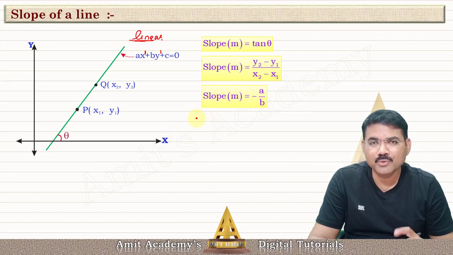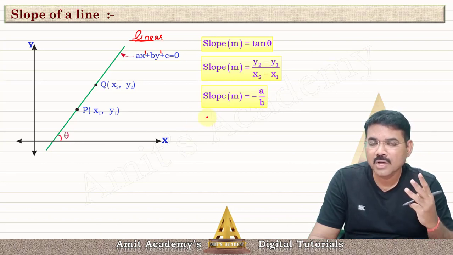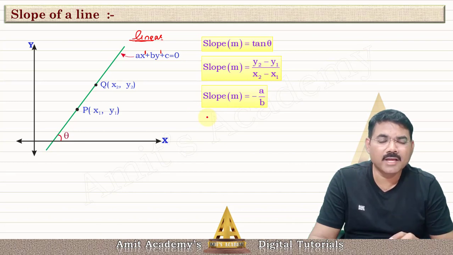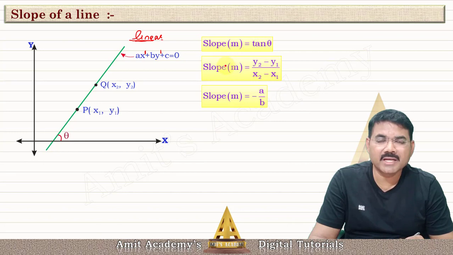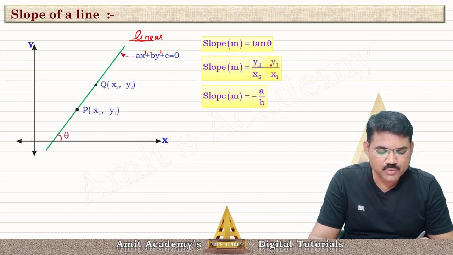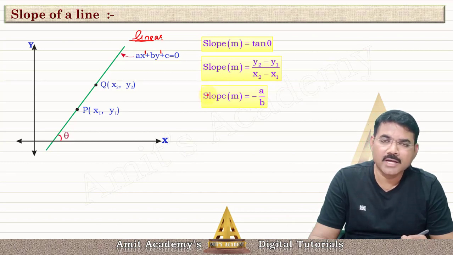बेटा ये फॉर्मूला यूज करके हम लाइन का स्लोप फाइंड कर सकते हैं। सो नाउ वी आर हैविंग 3 formulas फॉर फाइंडिंग स्लोप ऑफ ए लाइन। फर्स्ट फॉर्मूला इज tan theta, where theta is the inclination. Second formula is y2 minus y1 upon x2 minus x1, where x1 y1 are the coordinates of first point and x2 y2 are the coordinates of second point.